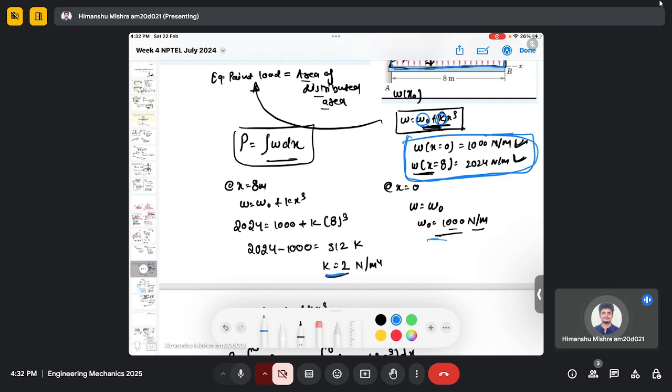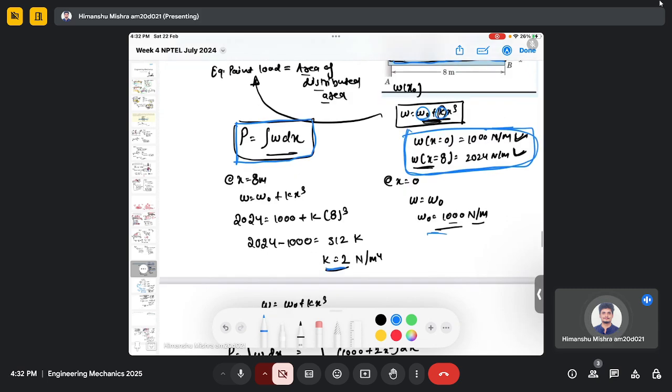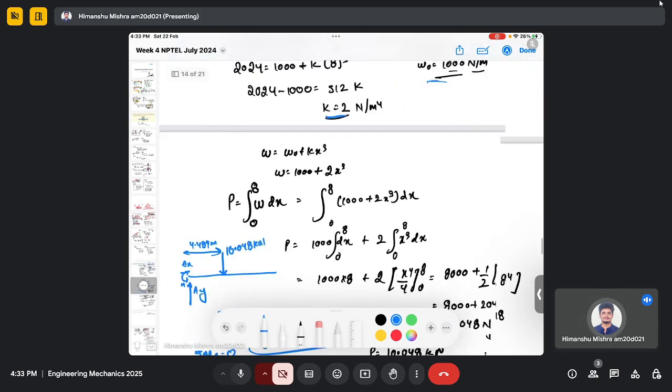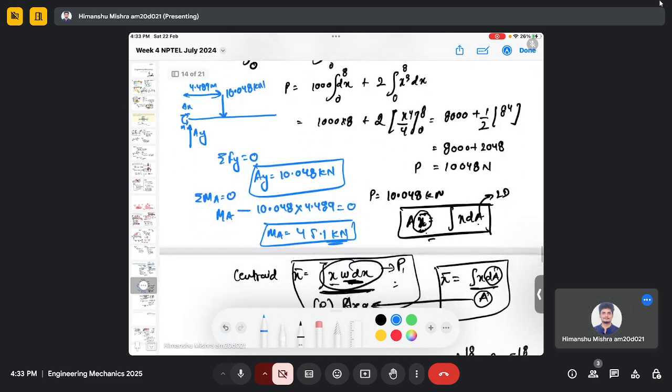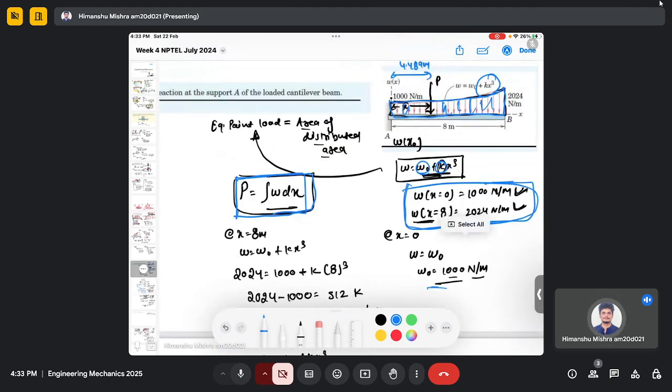Once we had K and W naught, we knew that the equivalent point force is the area under the curve. Since the distribution has a non-trivial shape, we used calculus to find the area under the curve, and it came to around 10 kilonewton. Then we also need to find the location where this force is acting.